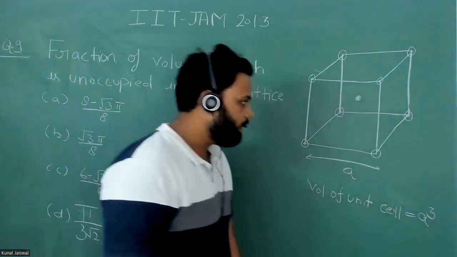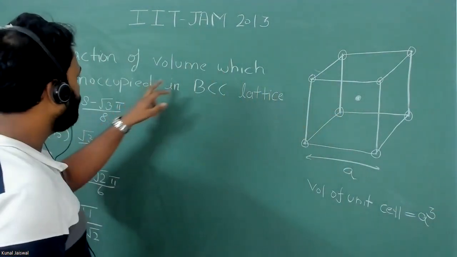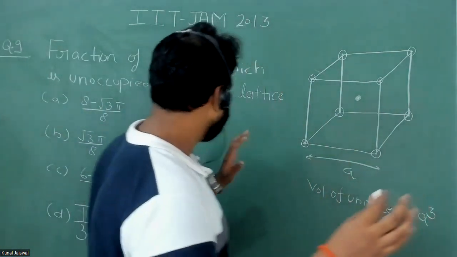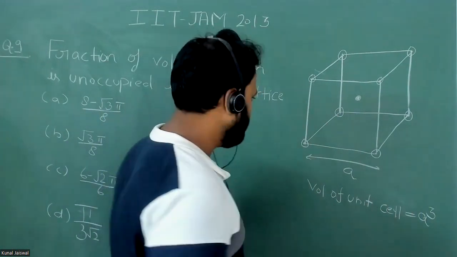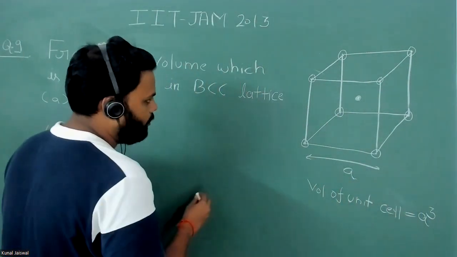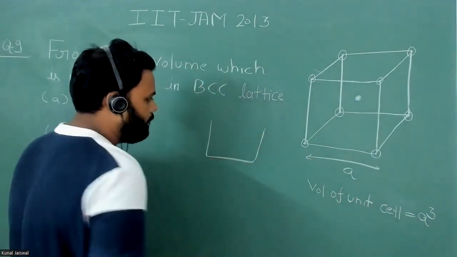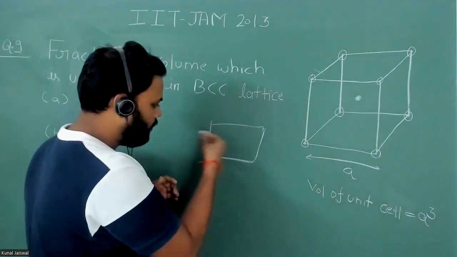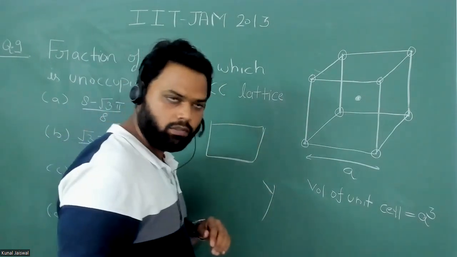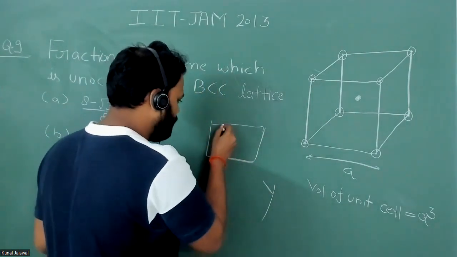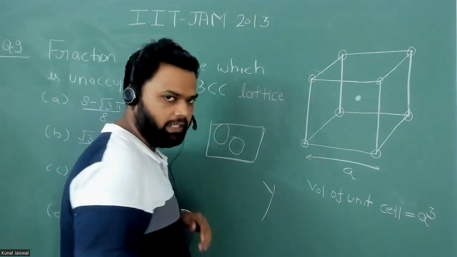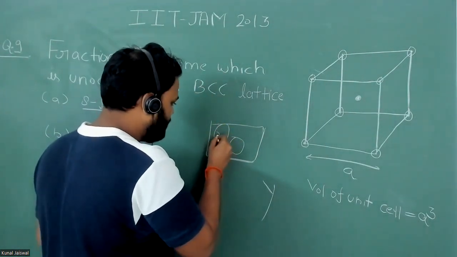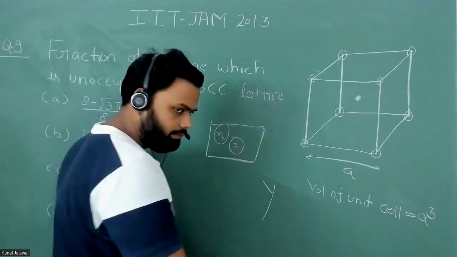Okay, but we have to find the volume which is unoccupied. Let's suppose I'm giving you an example that will help you understand properly. Let's suppose there is some box, and let's suppose the volume of the box is some y. And there are 2 spherical balls present here, and let's suppose their volumes are x and z.